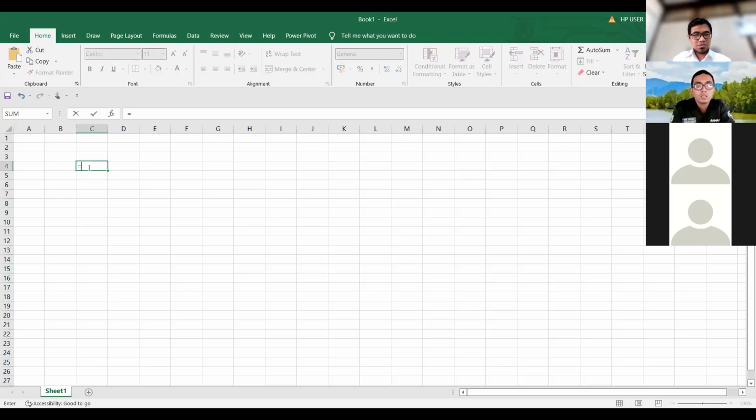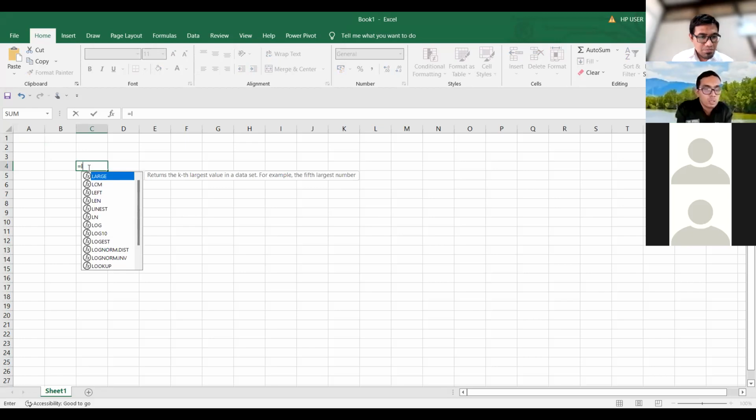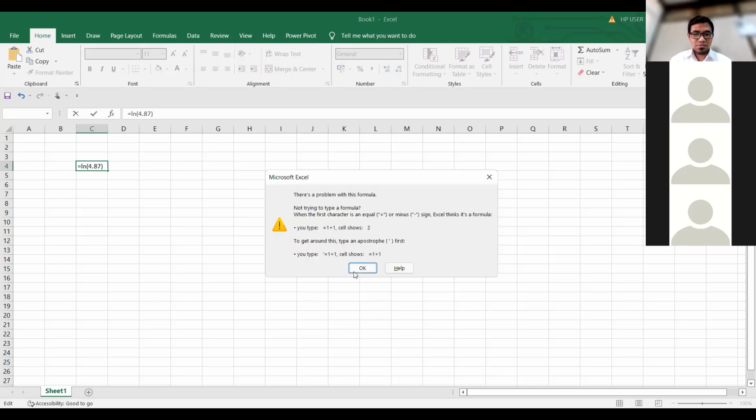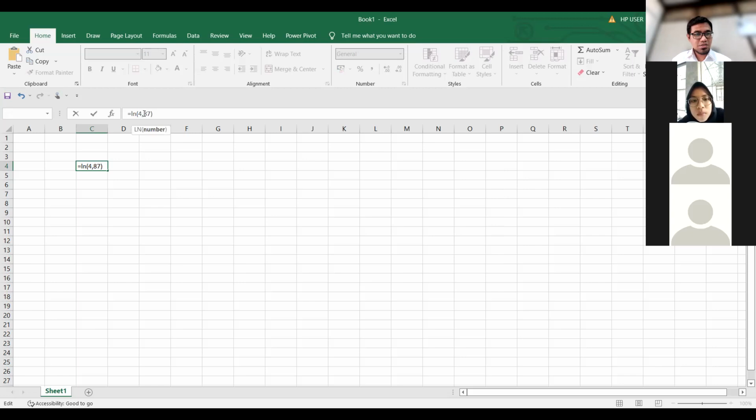What is ln? ln of 4.87. Can you see my screen for Excel, everyone? Ah, yes, 1.583094 and so on.